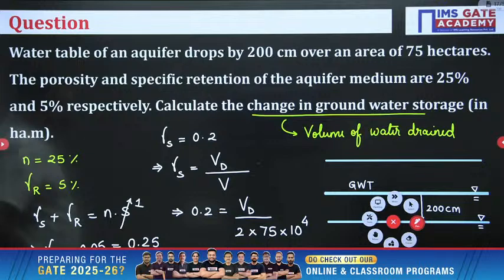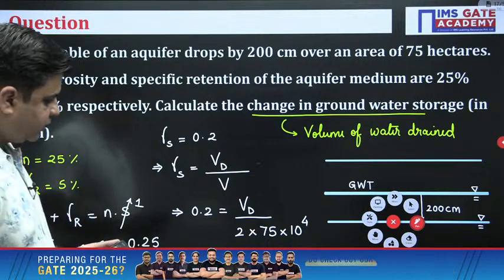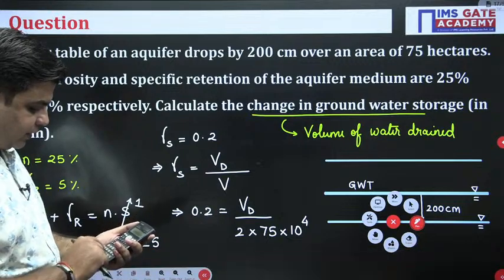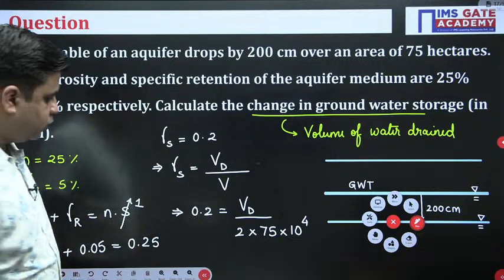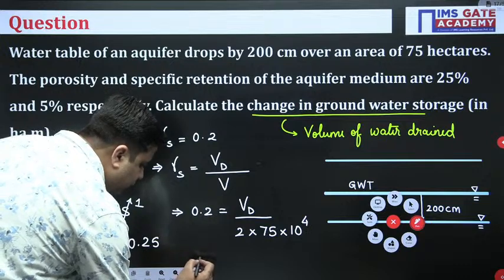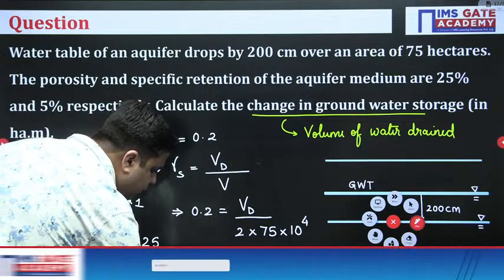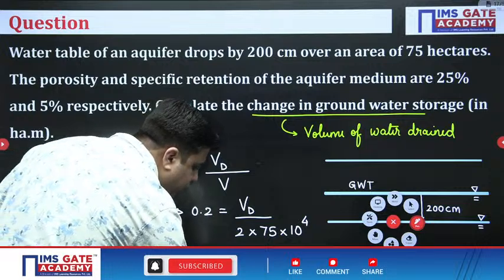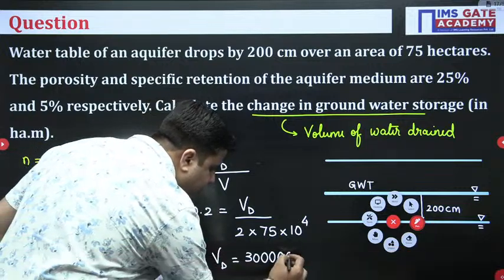Get me the value of VD. Meanwhile, I'll also do the calculation. So this will be 0.4. So 0.4 into 75, so 30 into 10 raised to power 4 meter cube.